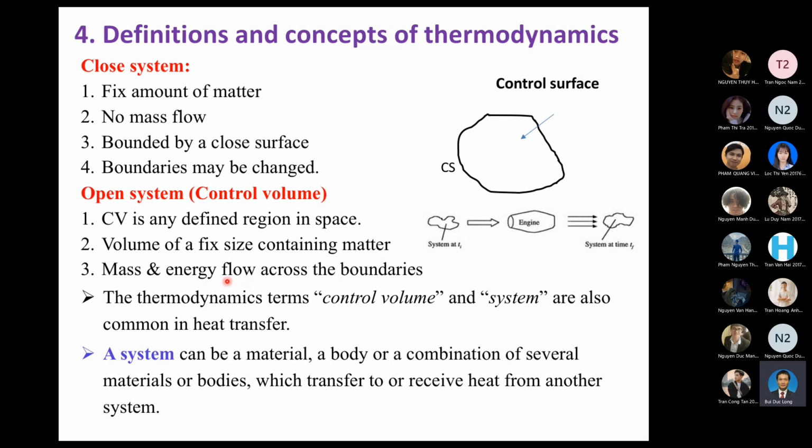This is different in a closed system. A closed system has no mass flow, but in an open system, mass and energy flow across the boundary. For example, for an engine, fuel can flow in, and after burning it can flow out. So this is an open system.